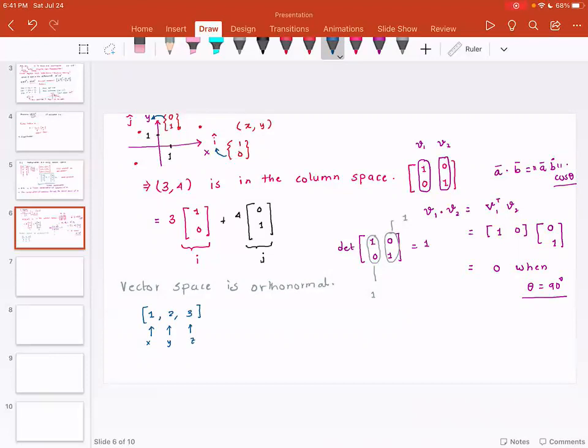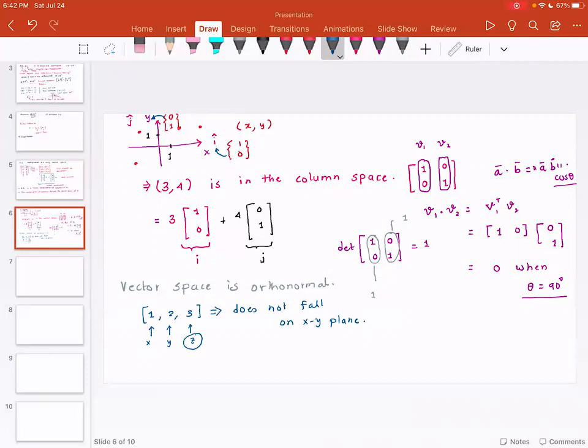There is no z, so this point does not fall on the x, y plane. So that is an important concept.